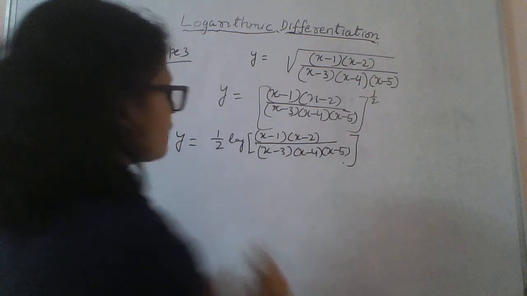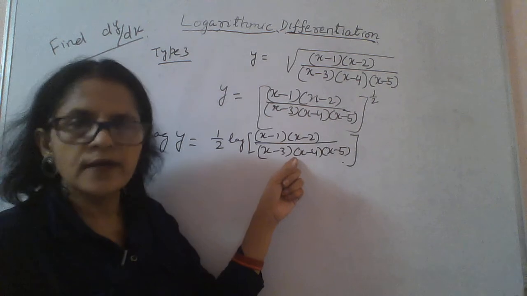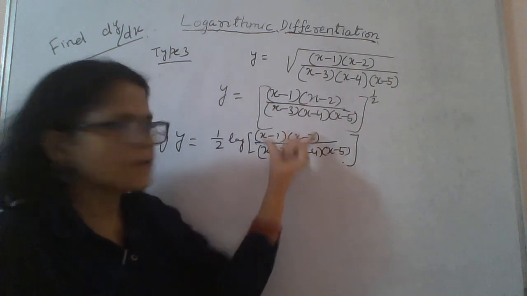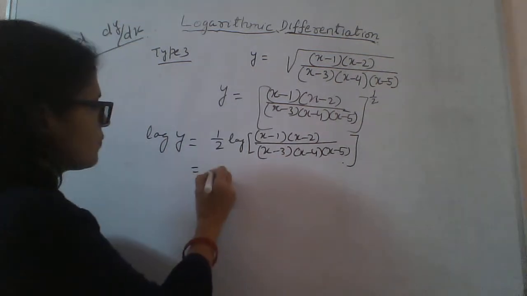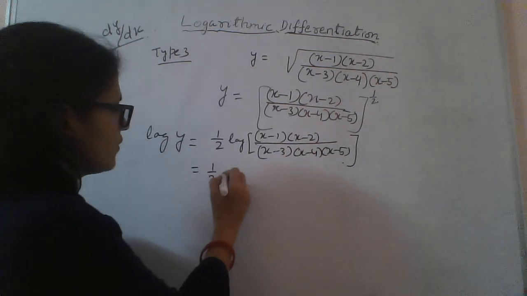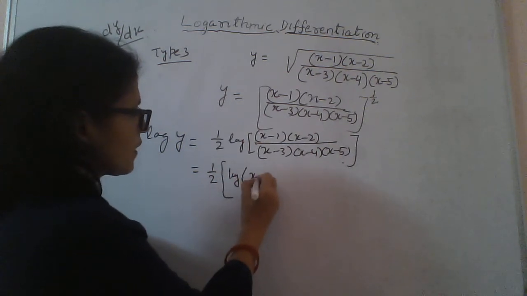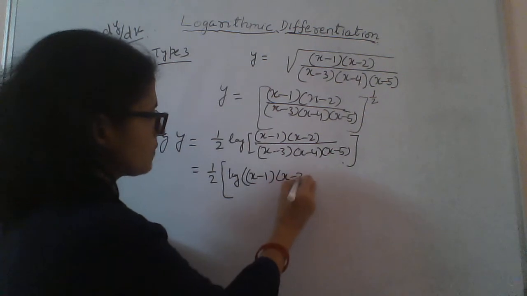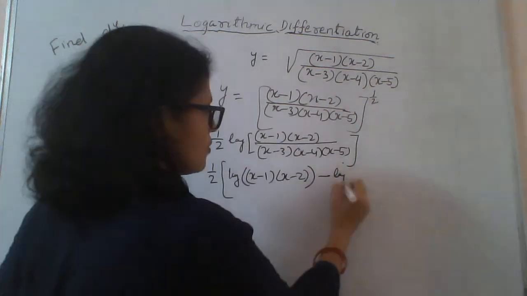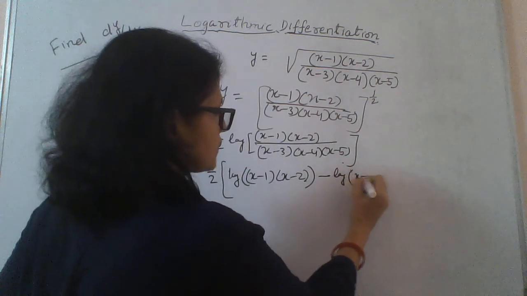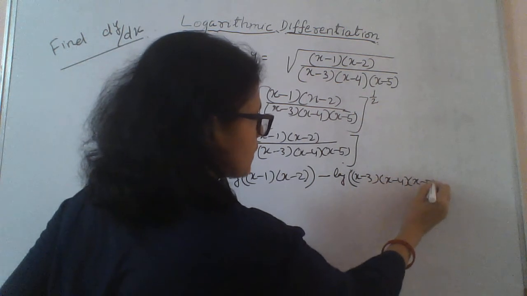So it is in the form of log m by n, means log m minus log n. So it is log y equal to half of, it is log x minus 1 into x minus 2 minus log of x minus 3, x minus 4, x minus 5.